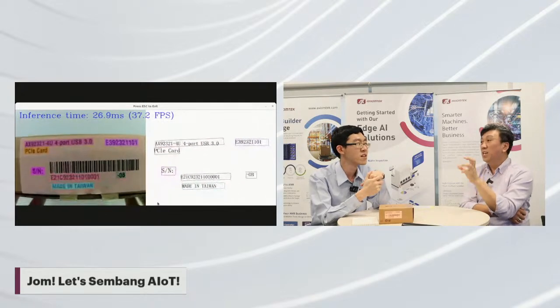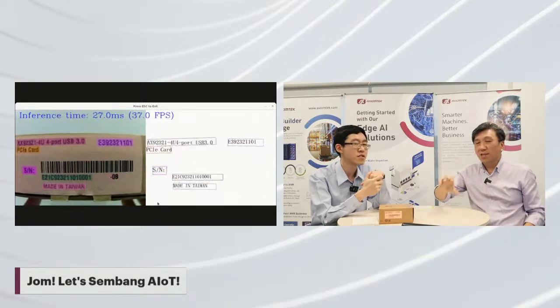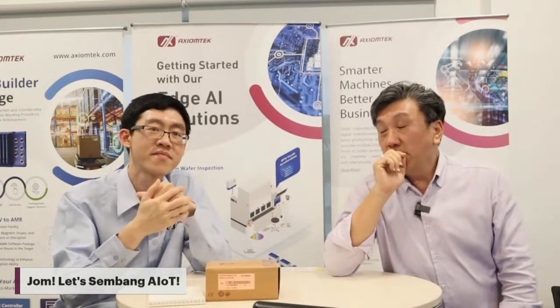But these are more on the 2D side. For example, they augment a digit 0. They will make the 0 slightly rounder or fatter, or thinner a little bit, something like that.